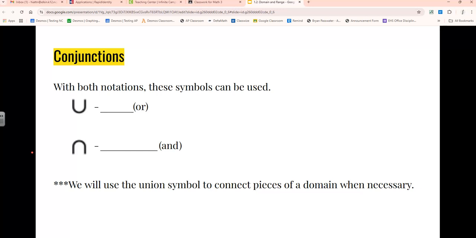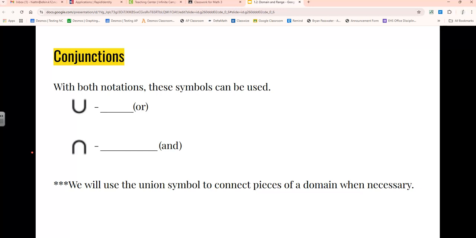All right. Sometimes we need to talk about like this section right here or this section over here. So there are also mathematical symbols for that. If you haven't noticed in math classes before, mathematicians don't really like words that much. We like symbols for things, right?